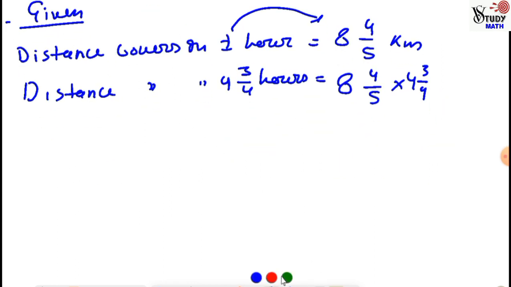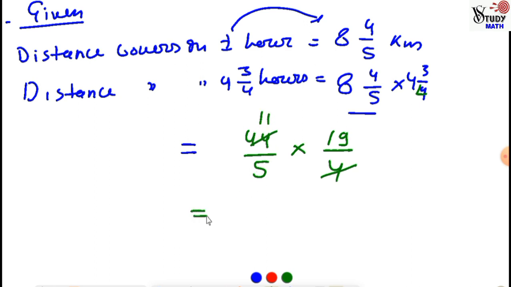Now open this. We have 404 by 5 multiplied by 19/4. So 4 11s are 44. So what do we have? We have 9012/5. So this is the answer, and this is in kilometer.